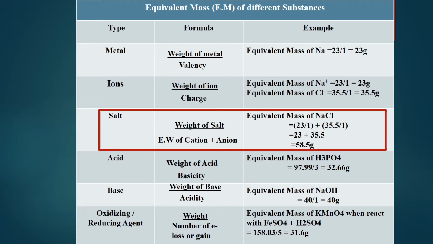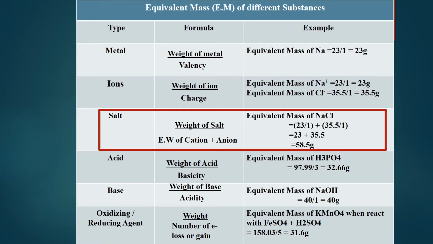For calculating equivalent mass of sodium chloride, firstly find out equivalent mass of sodium ion and chloride ion individually, which is 23 for sodium ion and 35.5 for chloride ion. Now add equivalent masses of sodium and chloride ion. The required equivalent mass of sodium chloride, which is a salt, is 58.5 grams.